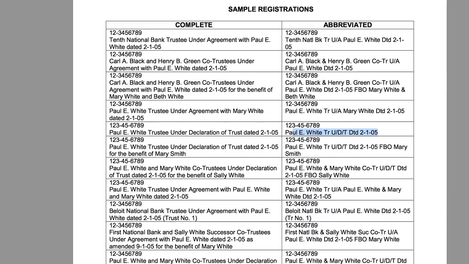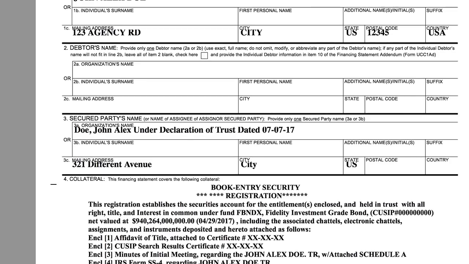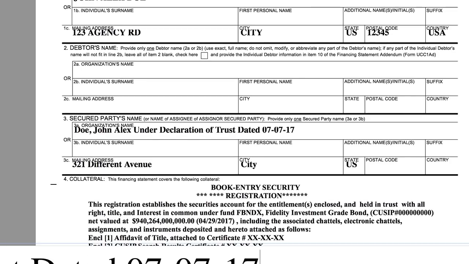It's an expression of his will to direct and control property during his lifetime, because it's revocable. But anyways, it's under declaration of trust. This statement tells you that, and it tells you the date of the trust instrument. That's why this trust registration statement goes right. This is why this is the secured party's name. This identifies the whole trust.